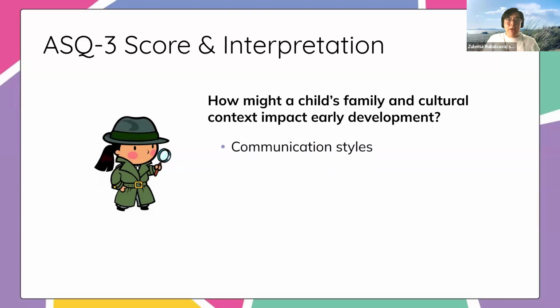So we want to think about communication styles. Some families value quietness and silence, right? Children should be seen and not heard. Other families are really loud and they're more expressive, and kiddos might be getting a lot of different opportunities to practice those communication skills. I talked a little bit about the environment, geography.